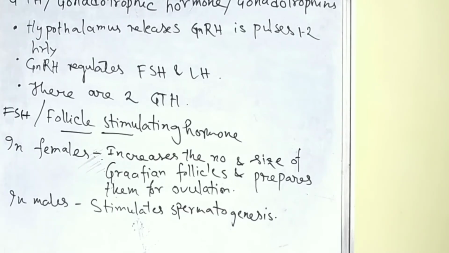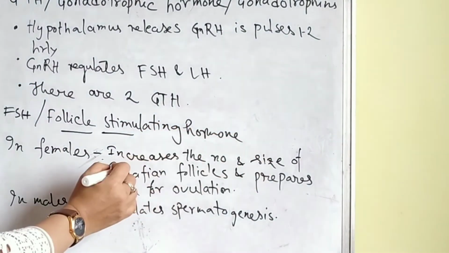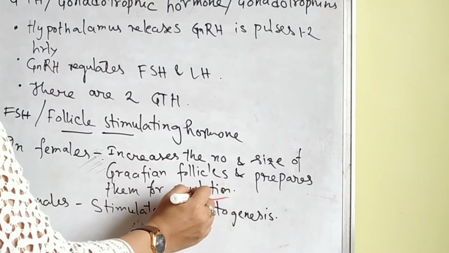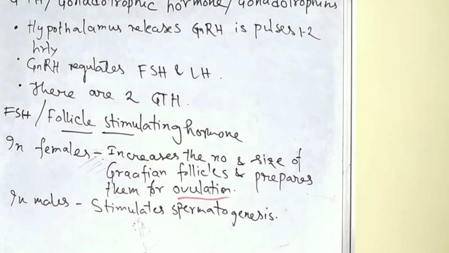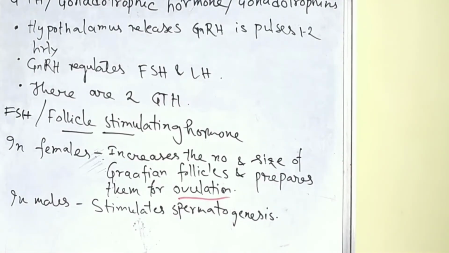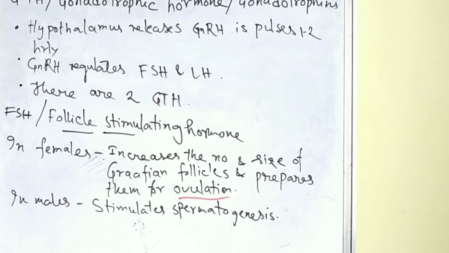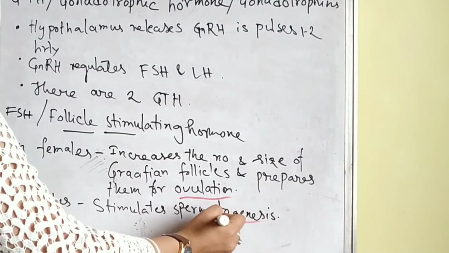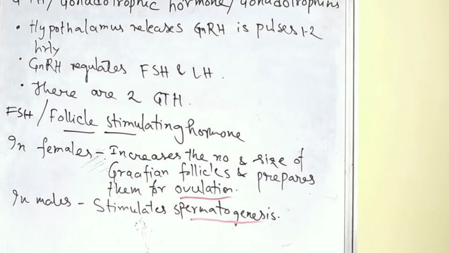In females, the FSH increases the number and size of Graafian follicles and prepares them for ovulation. Every month after the menstrual cycle, there is ovum production, and this process is called ovulation. In this process, FSH helps. In males, it stimulates spermatogenesis. What is spermatogenesis? That is the production of sperm.